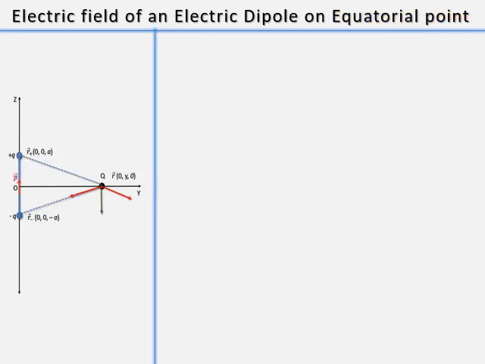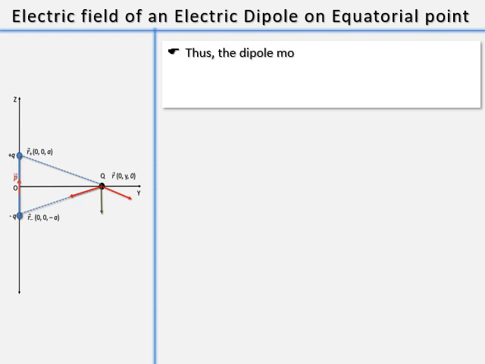Here we have the diagram with the necessary quantities shown, and before we start deriving the electric field, let us jot down the expression for the dipole moment of this dipole. We know that the dipole moment of a dipole is the product of the charge and the separation of the two charges. So p can be given as q times (0, 0, 2a). And how do we get this (0, 0, 2a)?